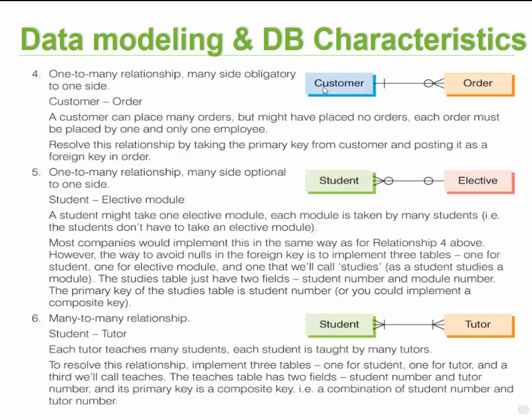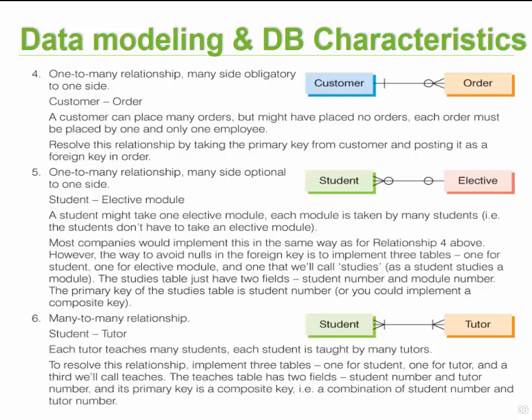These we've seen. A customer might place many orders. An order should be placed by one customer. A student might have one elective, and an elective might have multiple students. A student should have many tutors, and a tutor should have many students.